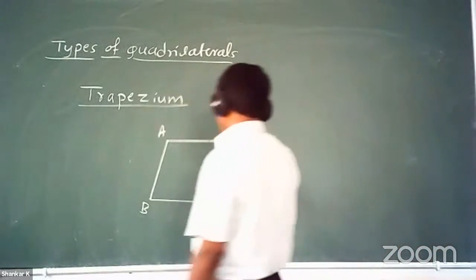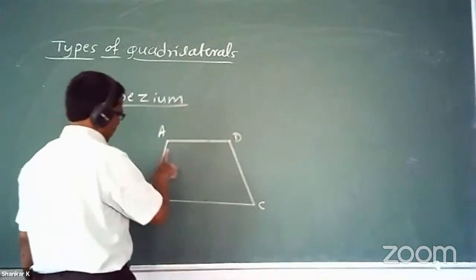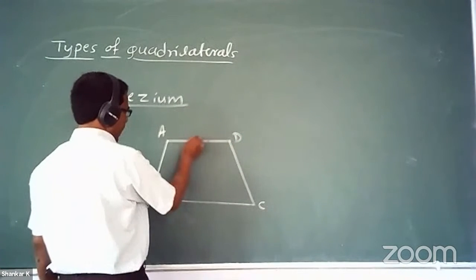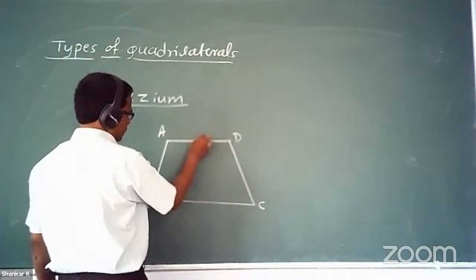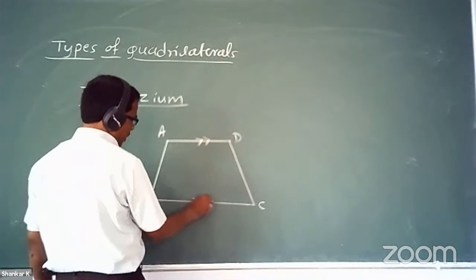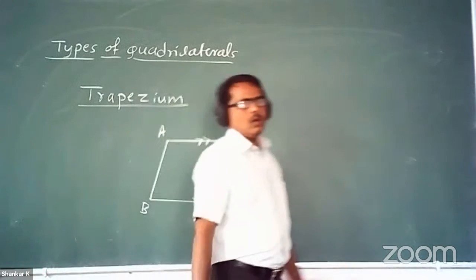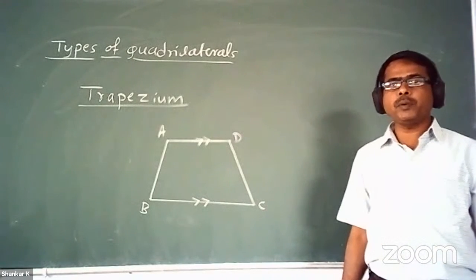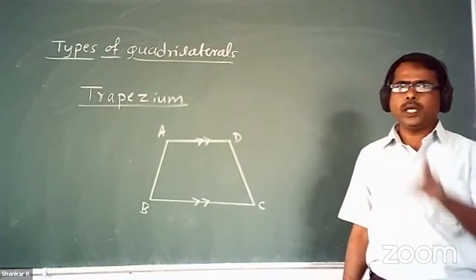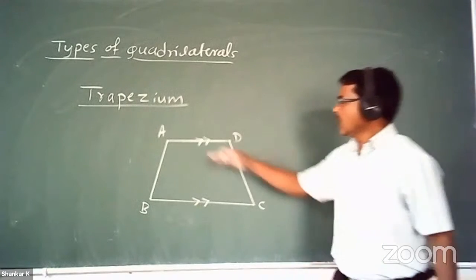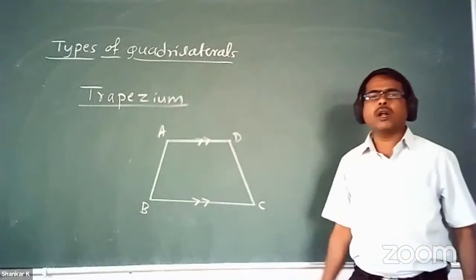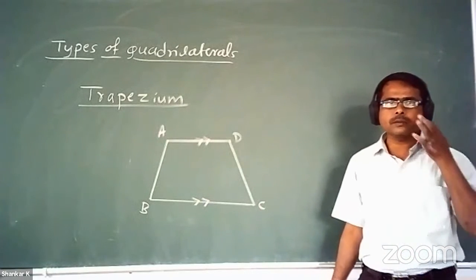AB and CD are non-parallel, whereas AD and BC are parallel. So a trapezium is a quadrilateral in which a pair of opposite sides are parallel. Only one pair is parallel. Here AD is parallel to BC, whereas AB and CD are non-parallel sides.